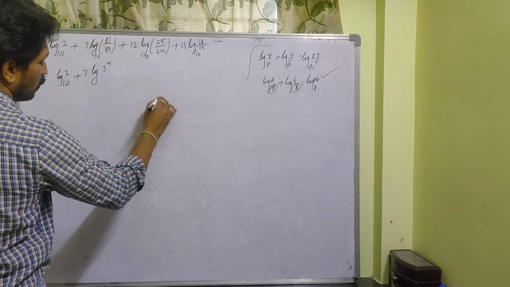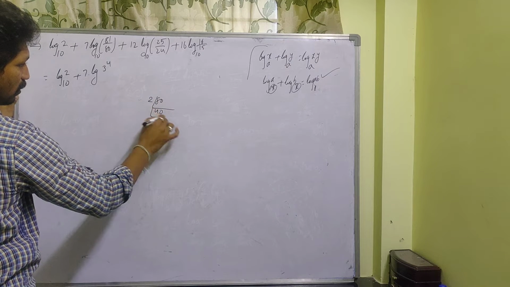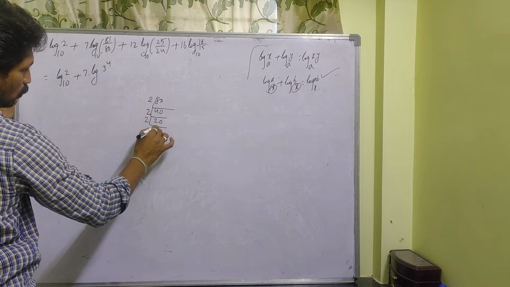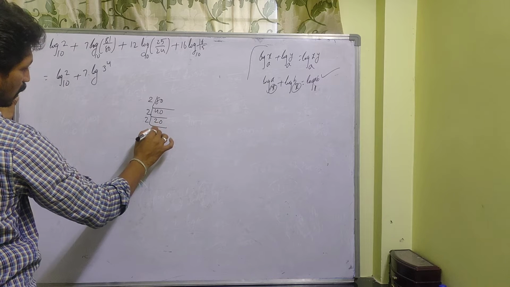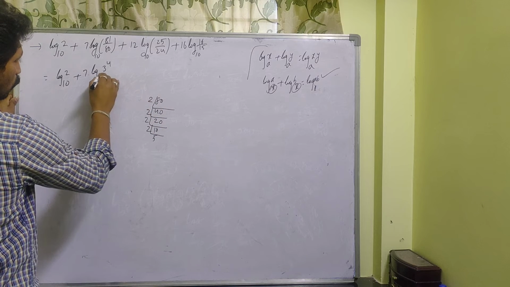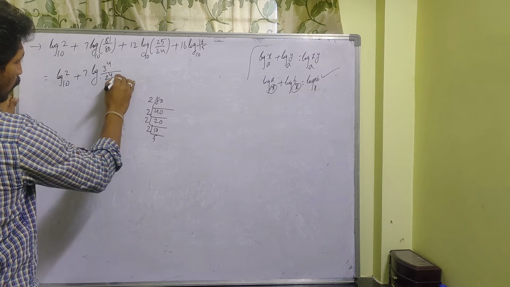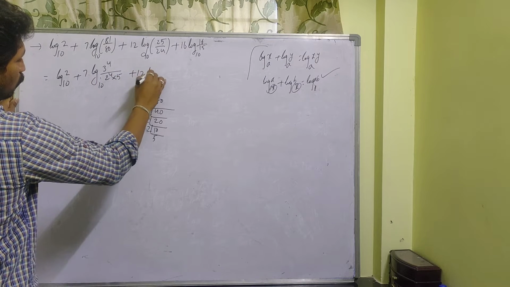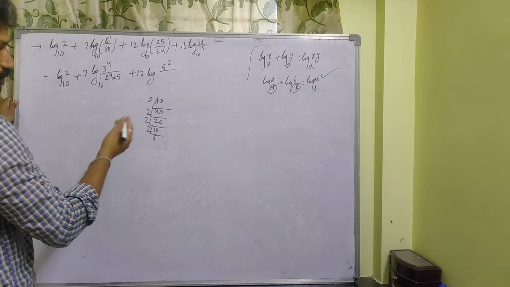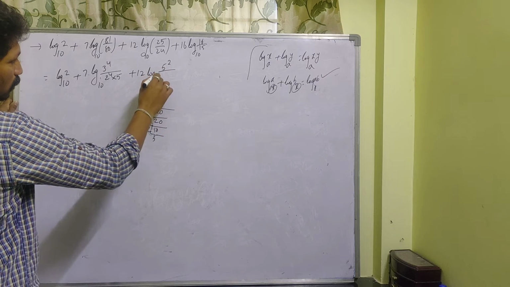This 80, how can you write? 80 is nothing but 2 times 40, again 2 times 20, again 2 times 10, again 2 times 5. So this is 2 power 4 into 5 base 10. Plus 12 into log 25 means 5 square by 24. 6 4s are 24. Actually it is 2 cube into 3.